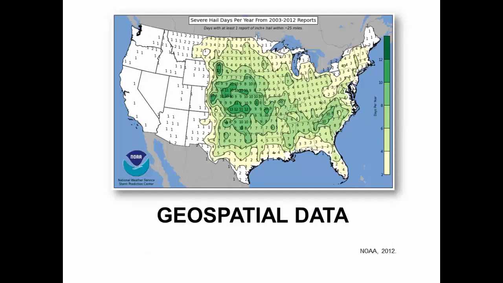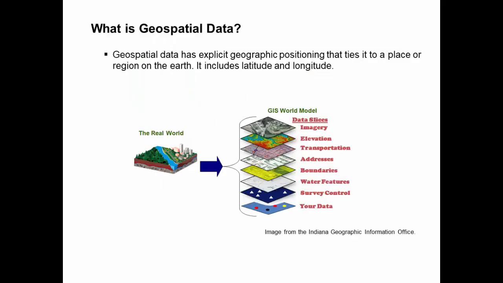I want to take just a few minutes to introduce or expand your knowledge of geospatial data in order to give everyone a baseline understanding of these resources. So geographic data has an explicit geographic positioning that ties it to a place or region on the Earth, and this is typically done through geographic coordinates such as latitude or longitude.